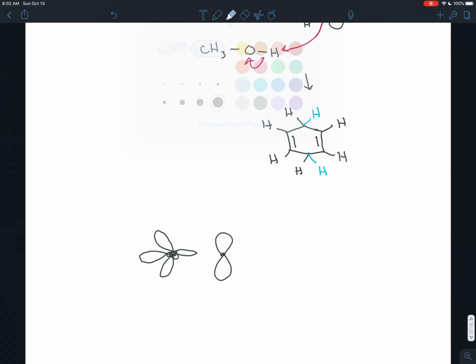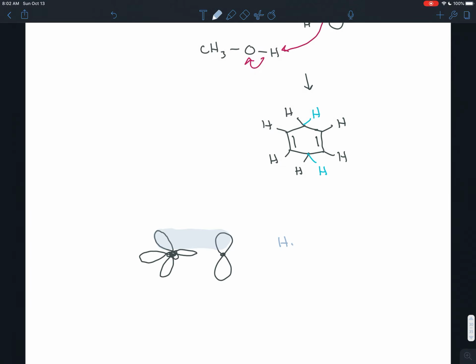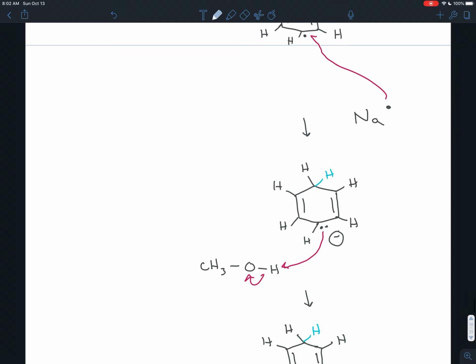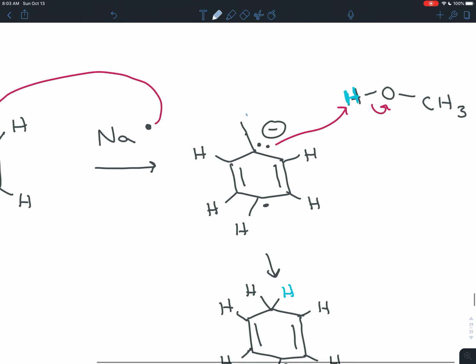Now, that one that's sort of going up doesn't overlap the best, but one of the lobes overlaps a little bit with the p orbital, and that's called hyperconjugation. It's not the best. It's definitely not the type of conjugation you get with two parallel p orbitals, but it's something. And so that's one of the ways that these alkyl groups donate electrons into a p orbital, through hyperconjugation.